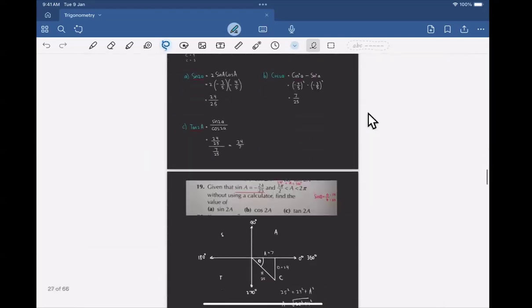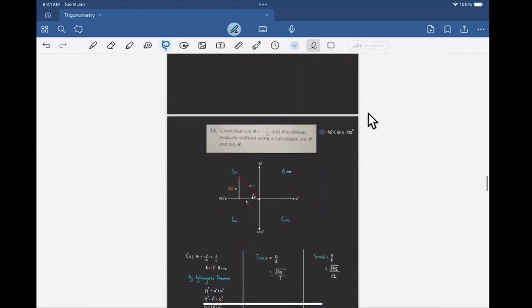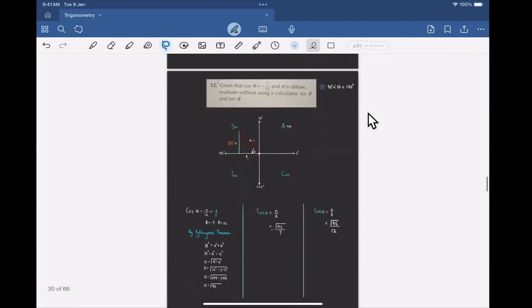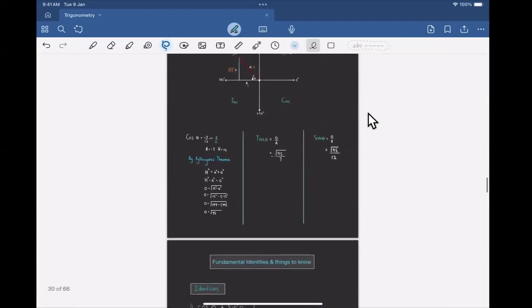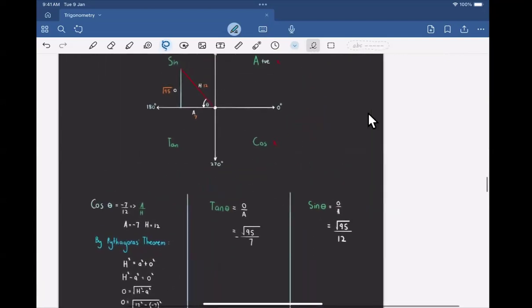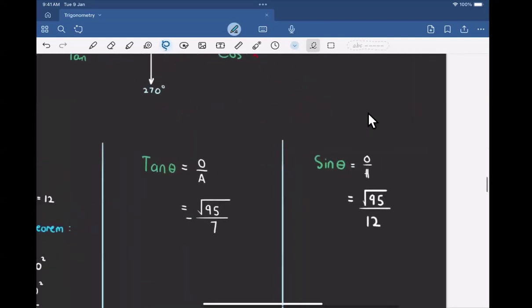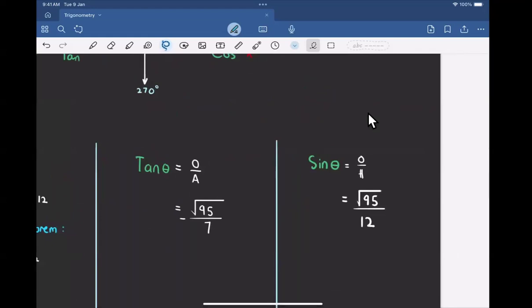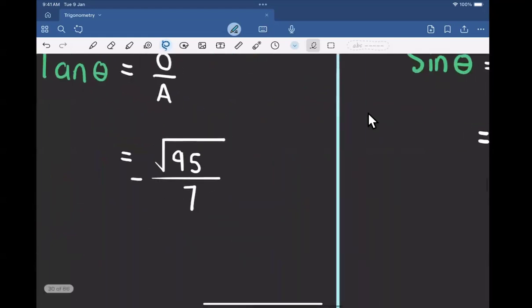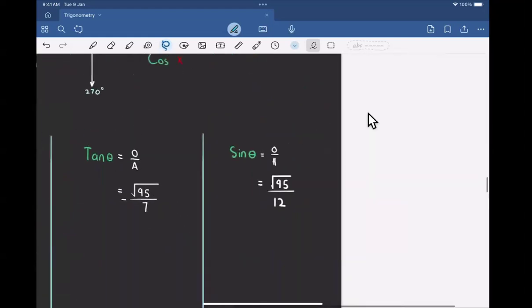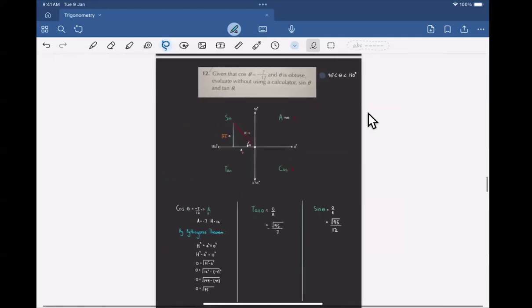Yep. So tan theta is supposed to be negative, right here. Tan theta is negative root 95 over 7, and sine theta is root 95 over 12. So excellent job.